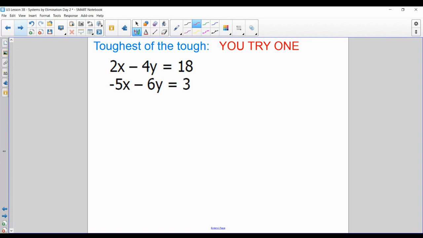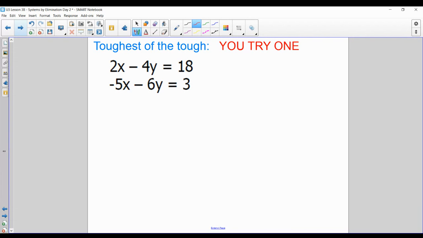Okay, pause your video and try this one. And you've got to decide, am I going to match my x's at 10 and negative 10? Or am I going to match my y's at the smallest thing that both 4 and 6 go into, which is 12? I think it's easier to match the x's on this one because you have one positive, one negative, so it just saves a little bit of complication.